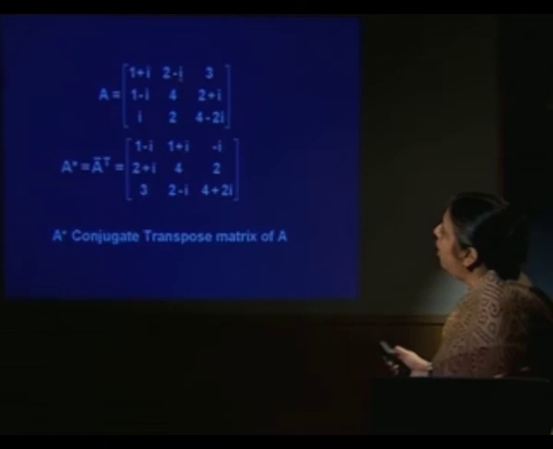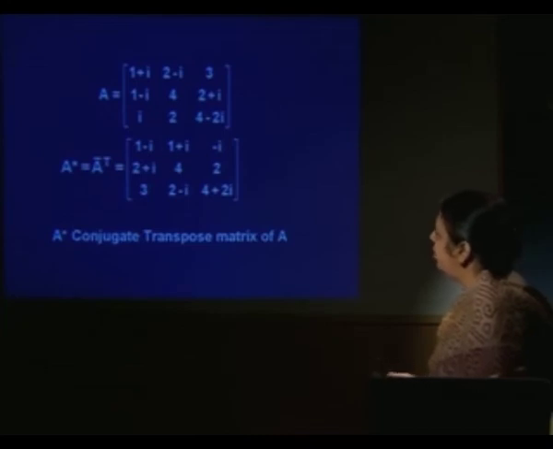But 2 minus i is the element appearing in the second row, first column, and its conjugate 2 plus i appears in the first row, second column. So, these rows and columns are being interchanged. That is why it is A star, which we denote by A bar transpose. Two operations are taken together, bar and transpose.